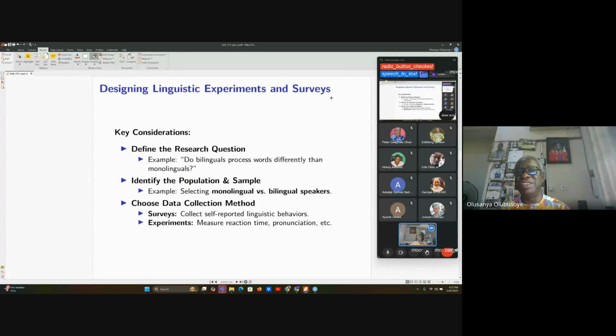But in a survey, the respondent chooses what to report, what to share, how to respond. This is how I want to respond, so this is the information I want to share. So that's the difference between experiments and surveys.